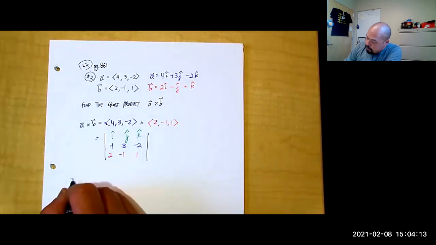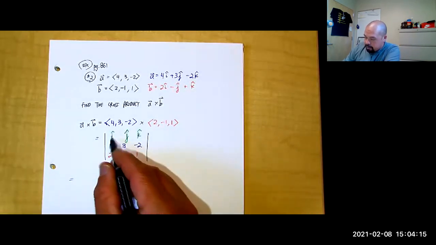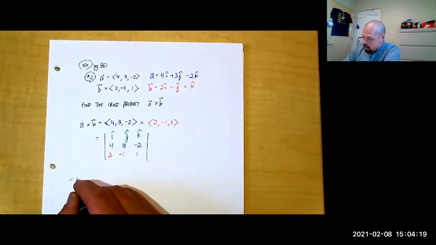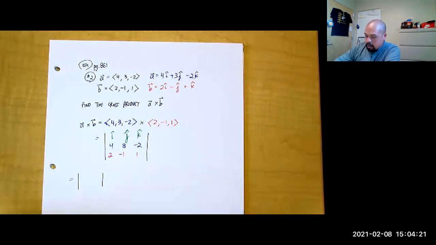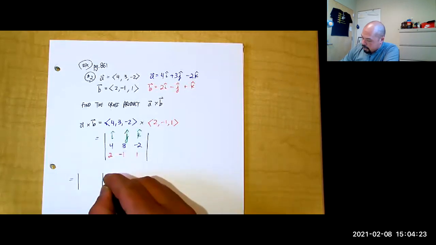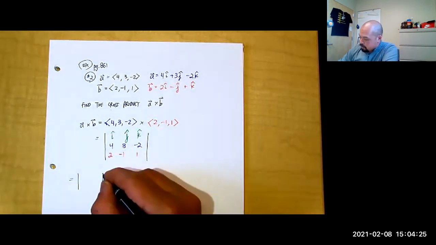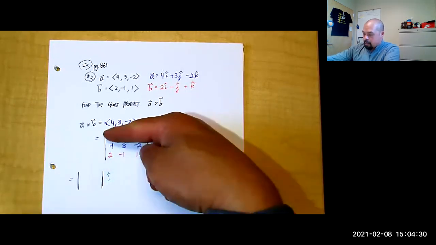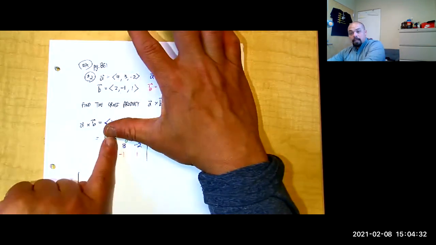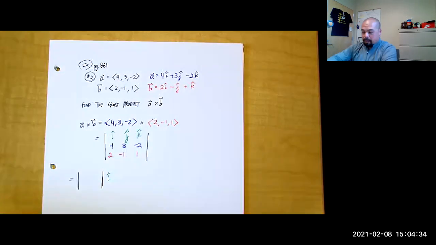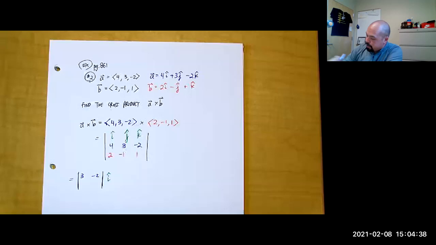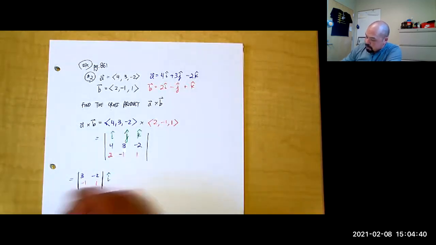Now as I start to compute, expanding across that top row, first row, first column, for our I, the remaining 3, -2, -1, 1.